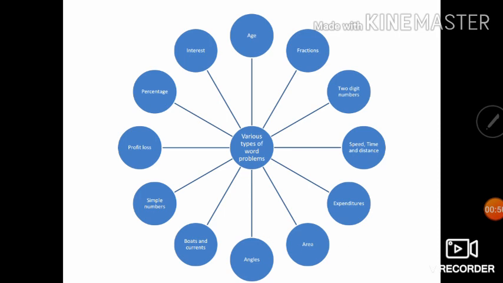Try to practice more and more questions of different kinds. There could be more word problems other than those listed over here. So try and practice as many word problems as possible.